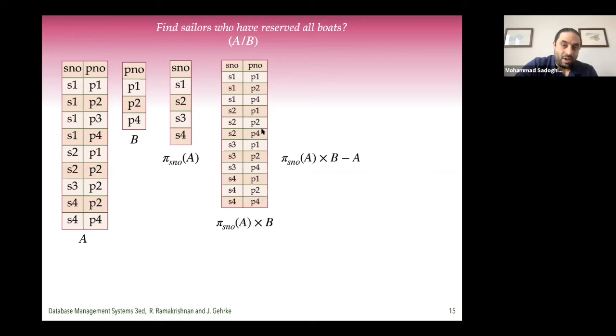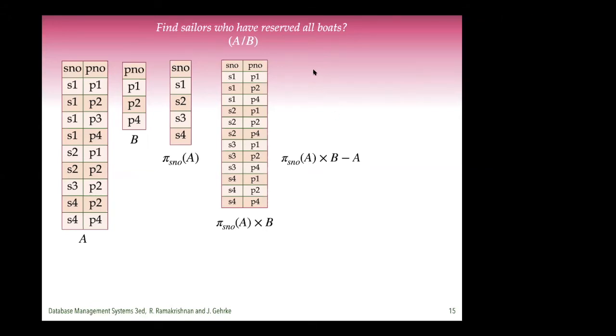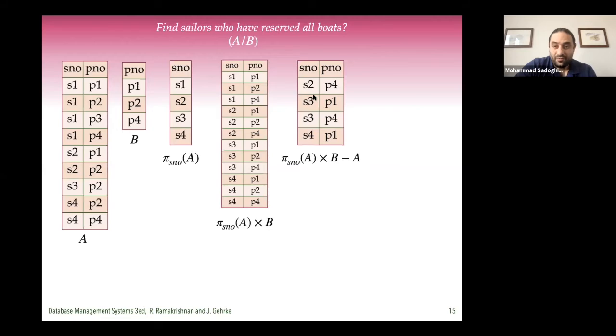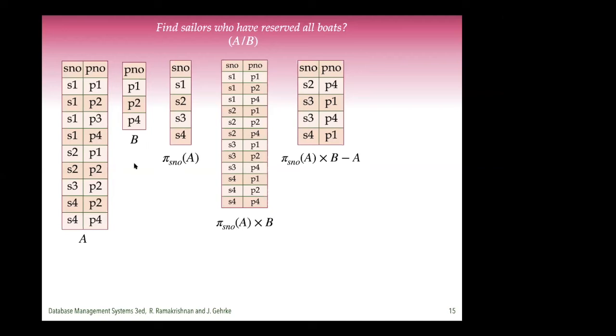So this is all possible reservations minus the actual reservations. What would the output be here? All boats that were not reserved. Exactly. So S2 and P4.